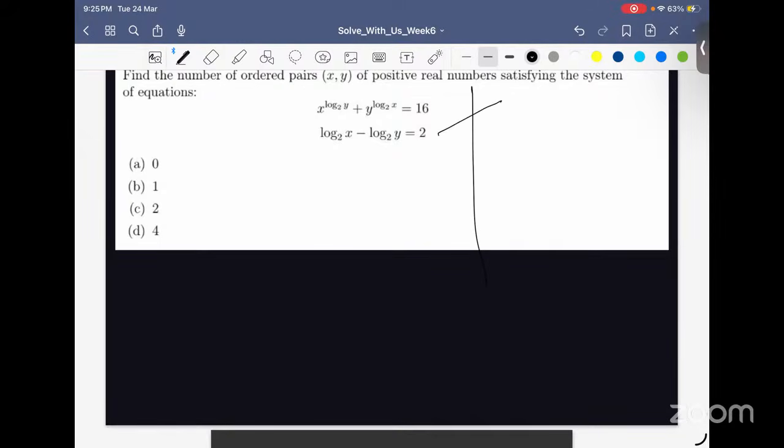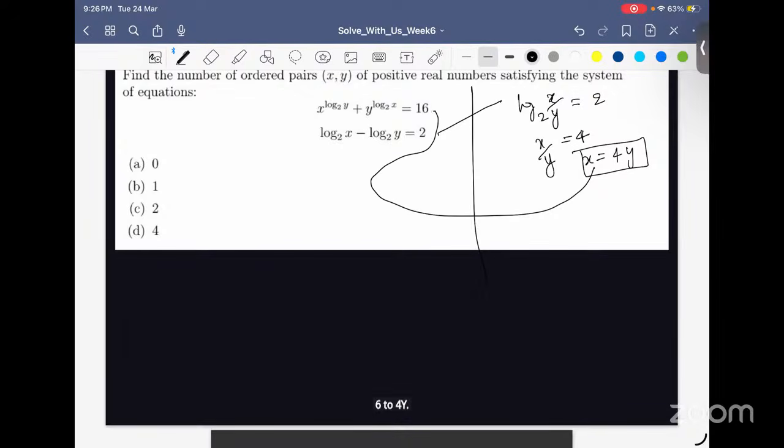Let's just say log of x by y will be equal to 2. So x by y is 4, correct? Yes, sir. So x equals 4y. Let's try to put this in the first equation.